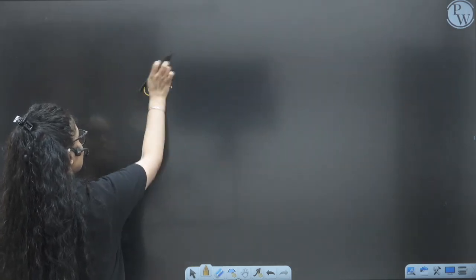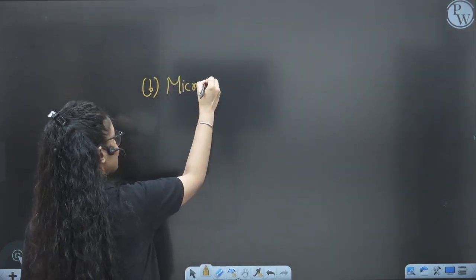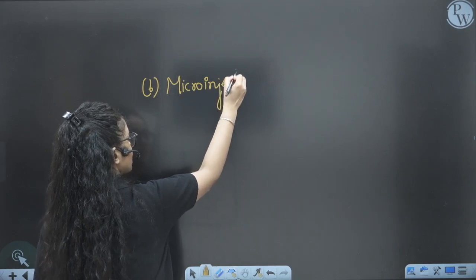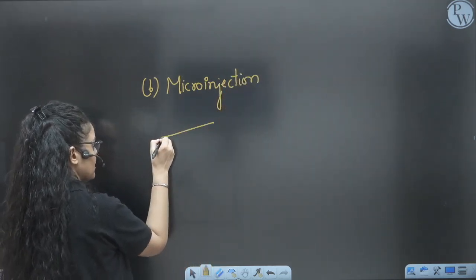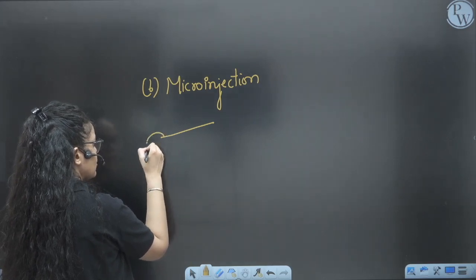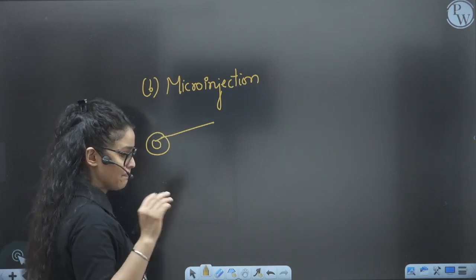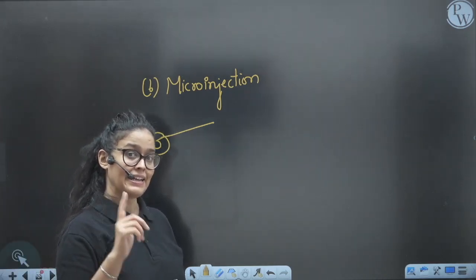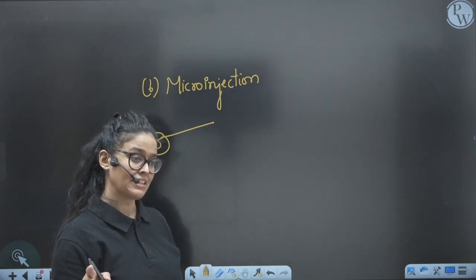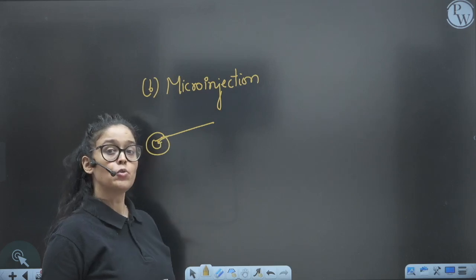The second way of direct method is microinjection. As the name suggests, microinjection means, suppose this is a small injection, and we are just putting the gene into the host cell with the help of this injection. The best example of microinjection is ICSI, intracytoplasmic sperm injection, in which a single sperm is directly injected into the egg.